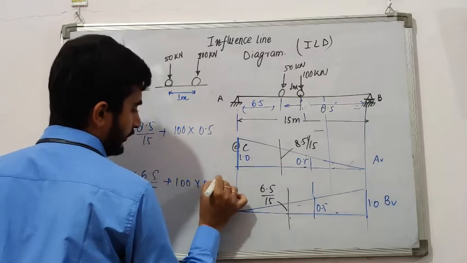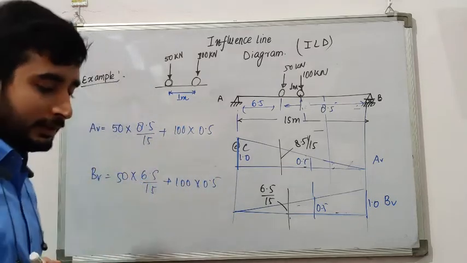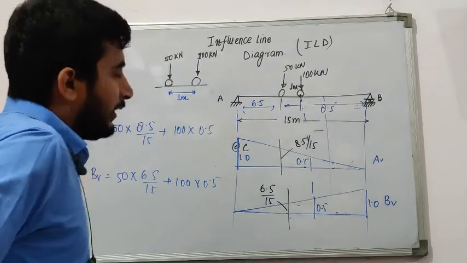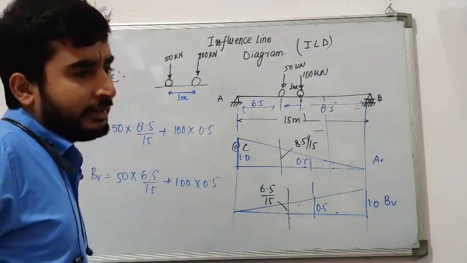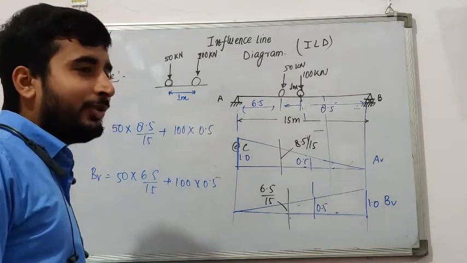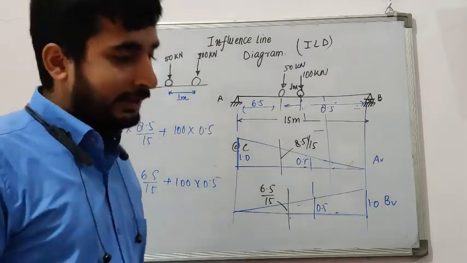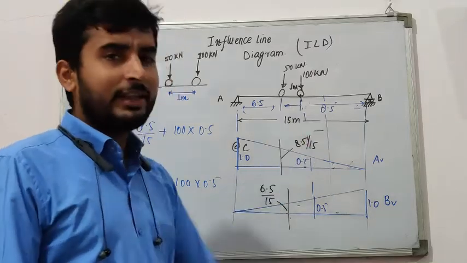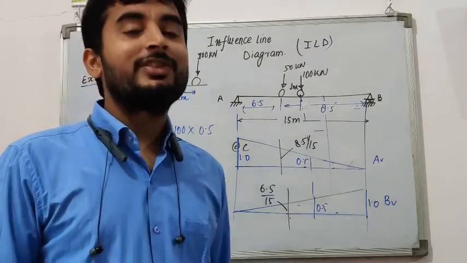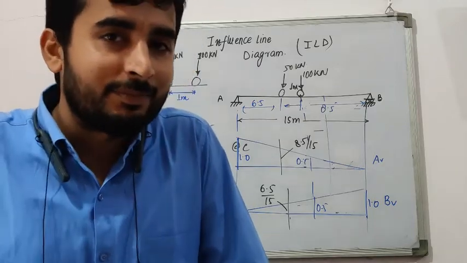So what you see is that if I say no, I am not satisfied with these two conditions, I need to get a number of conditions. So what you do is, alright, give it to us. What we have to do, we just have to find the ordinate and we will multiply it with the load. You have the reactions. So this is the utility of influence line diagram.